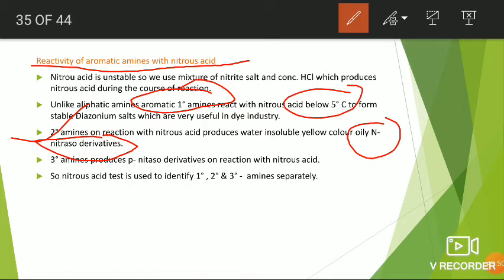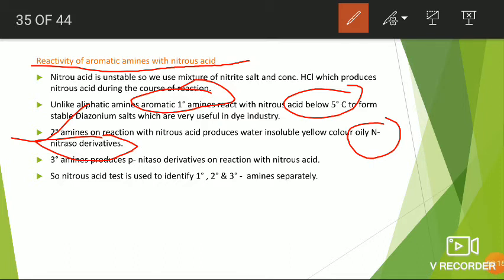Aliphatic secondary amines also form a yellow colored oily N-nitroso compound. Here also we get a yellow colored oily N-nitroso compound on treatment of aromatic secondary amine with nitrous acid. Yellow colored oily compound formation is the identification test for secondary amine, whether aliphatic or aromatic.